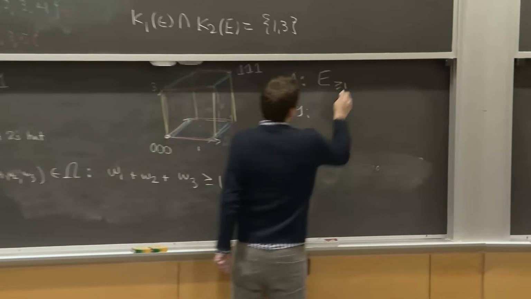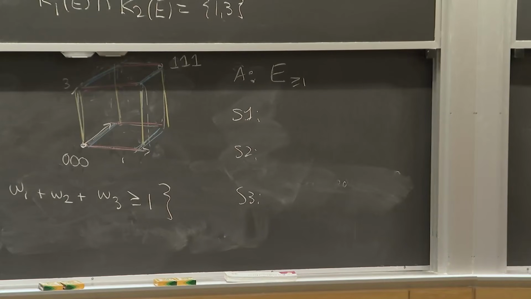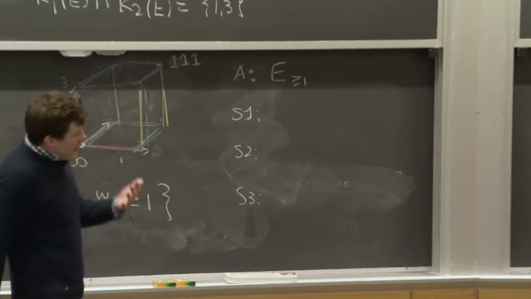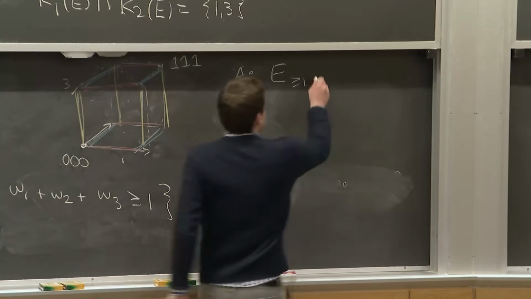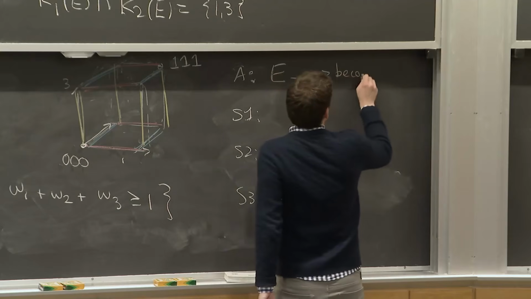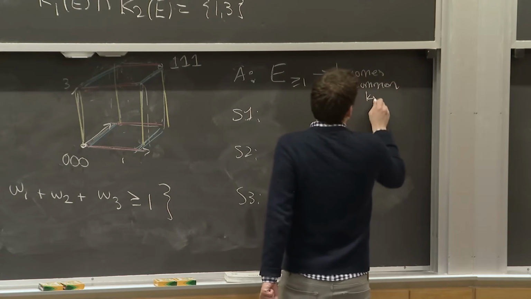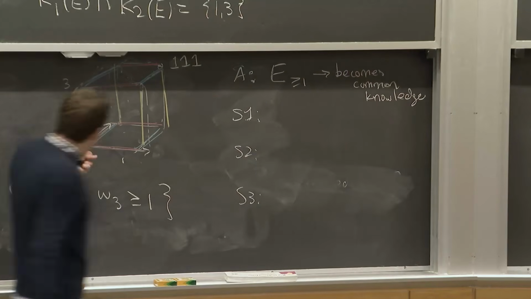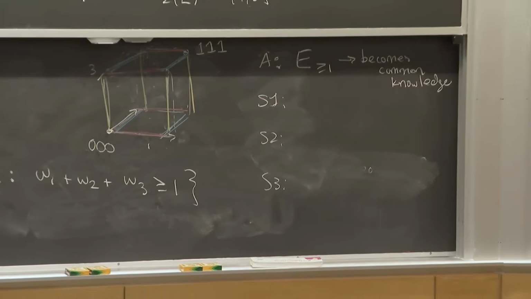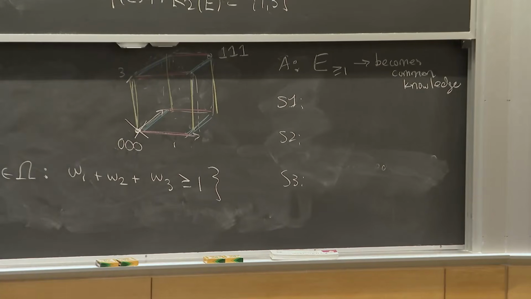Basically, they say the event is E greater than or equal to 1. The teacher says at least one person's hat is red. But crucially, this announcement makes this event common knowledge. And what it means is now everyone knows that everyone knows that everyone knows that we're not in this state. So let me put an X over this state.